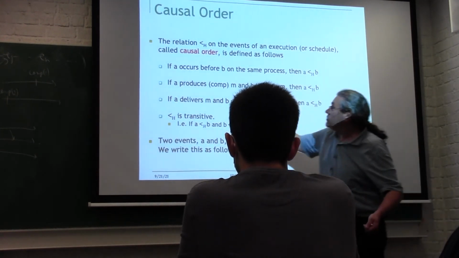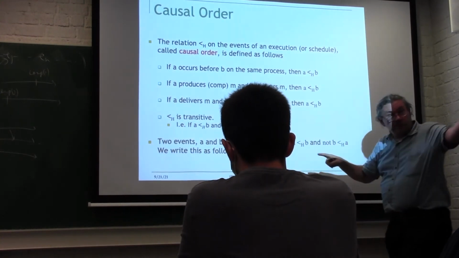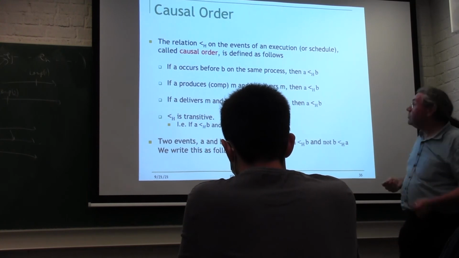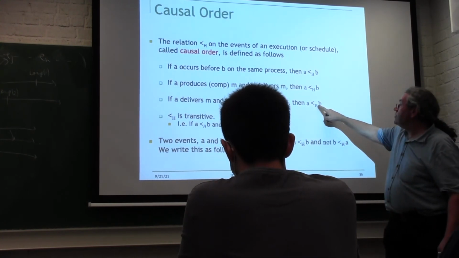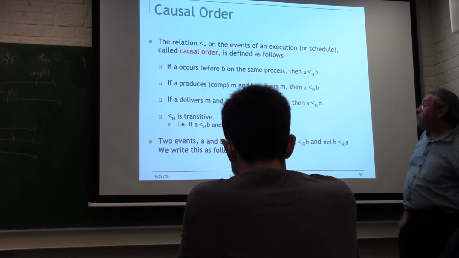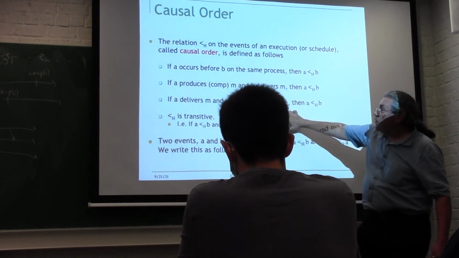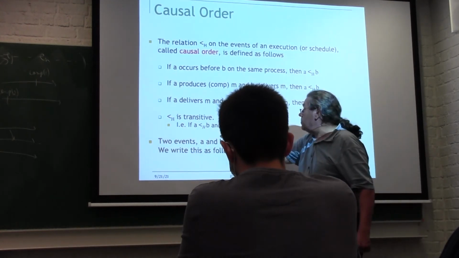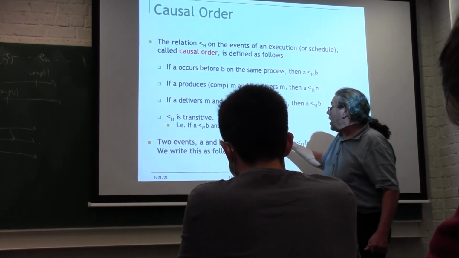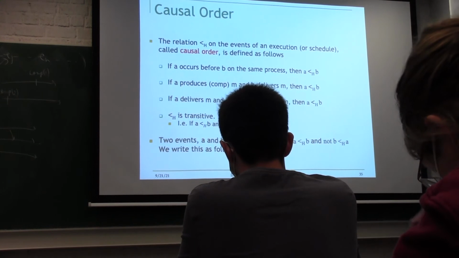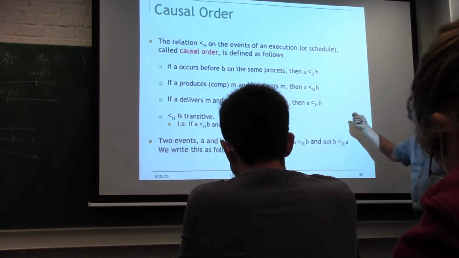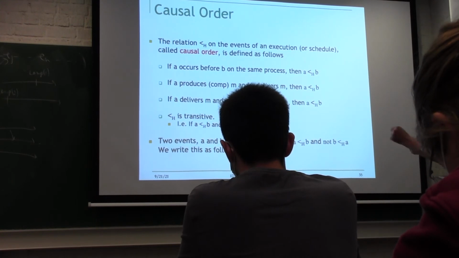And here it's the other side. If a message is received, and then I do a computation with that message, the computation has to be after. See that? And then there's a final rule, which is transitivity. If A happens before B and B happens before C, then A happens before C. So this is what makes it very interesting. You can actually have sequences of events, any two events. They might be far away from each other.